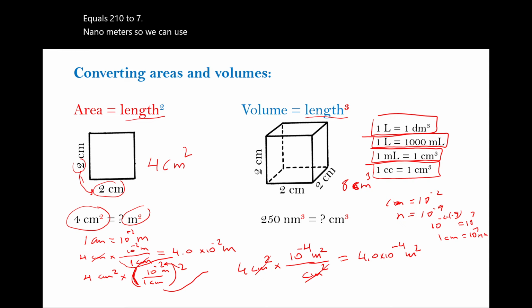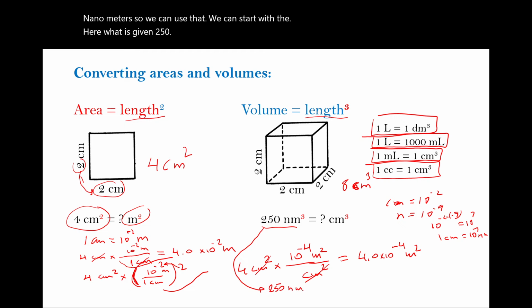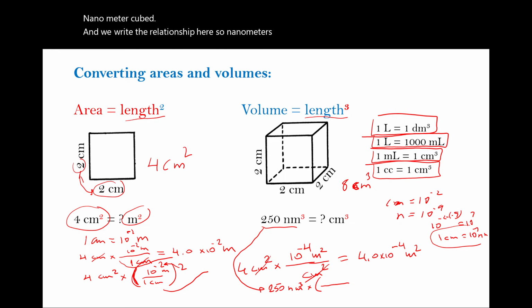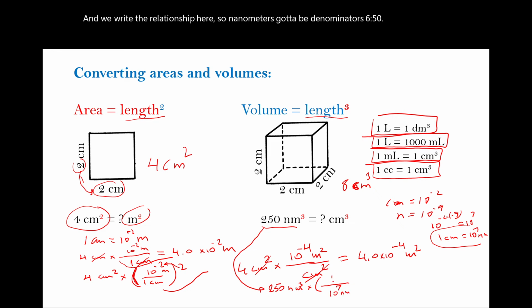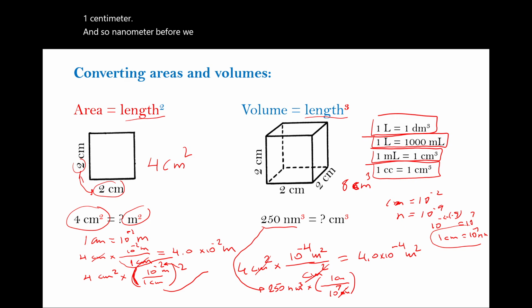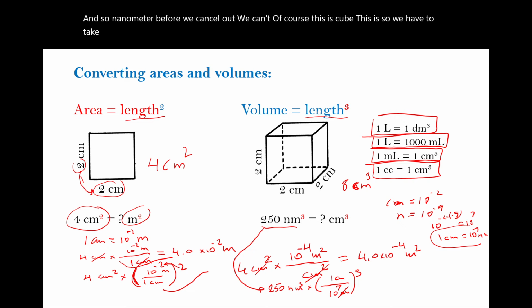We can start with what is given here, 250 nanometer cubed, and we write the relationship here. Nanometer has to be the denominator, 10 to 7 nanometers, 1 centimeter. Before we cancel out, this is cubed, so we have to take the cube of this portion here.